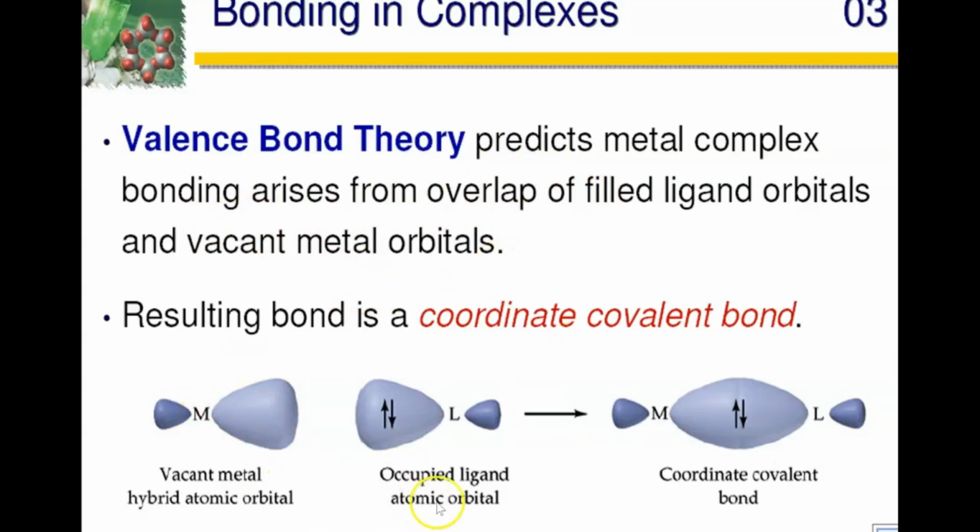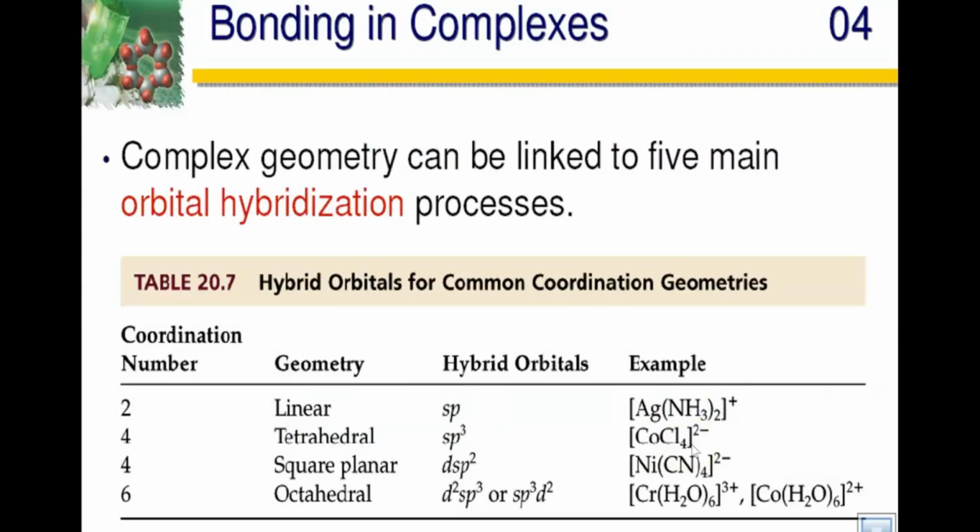It can be explained by this illustration, where we have a metal with a vacant hybrid orbital and a ligand which is filled with electrons. We combine or overlap the ligand orbital with the metal orbital, and this type of bonding we call coordinate covalent bonding. It will result in the sharing of electrons between metal and ligand.